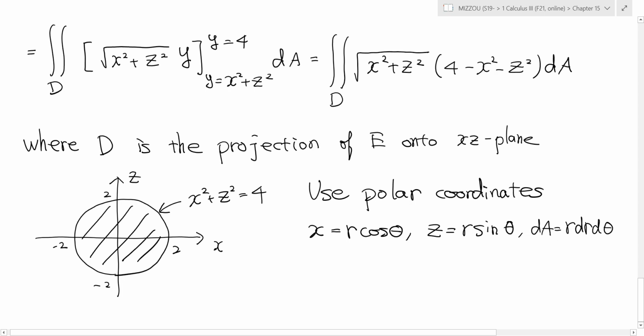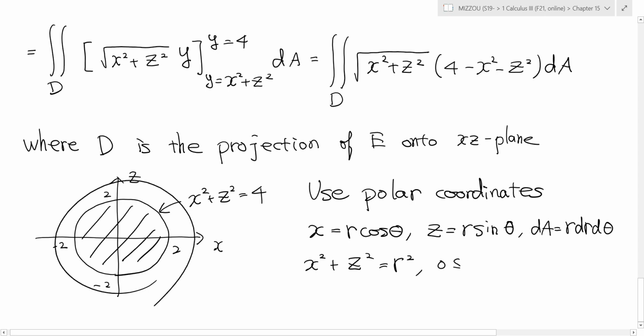For polar coordinates, we often see an expression like x squared plus z squared. That's r squared. You may just consider this as part of the formula for polar coordinates. And since this is a disk with radius 2, the radius is between 0 and 2, everything, so to speak.